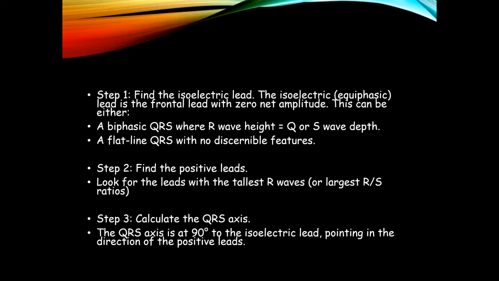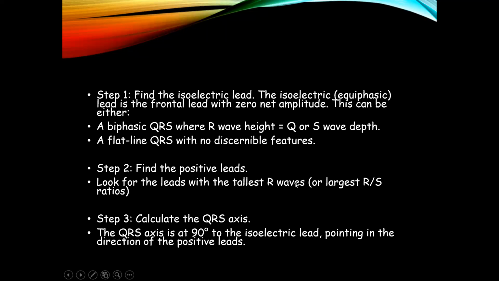So step 1, you need to find the isoelectric lead. The isoelectric or the equiphasic lead is the frontal lead with 0 net amplitude. This can be either a biphasic QRS where R wave height is equal to Q or S wave depth, or flatline QRS with no discernible features. Then in step 2, find the positive leads.